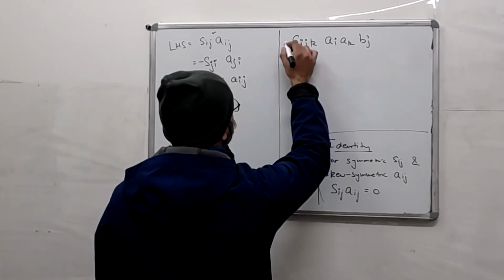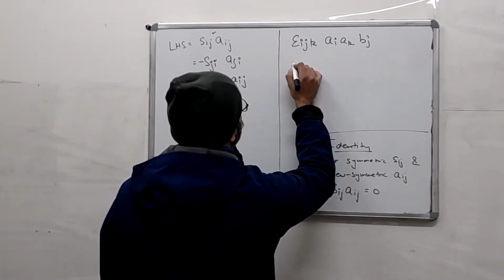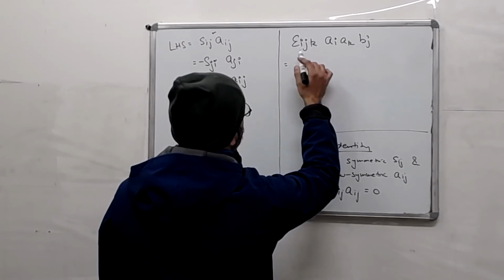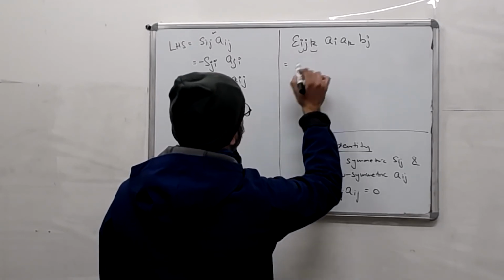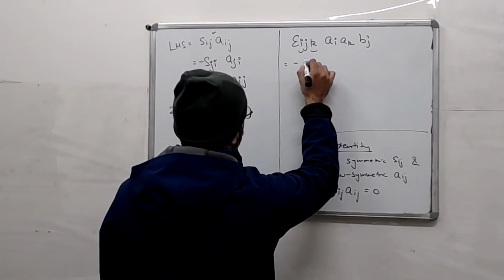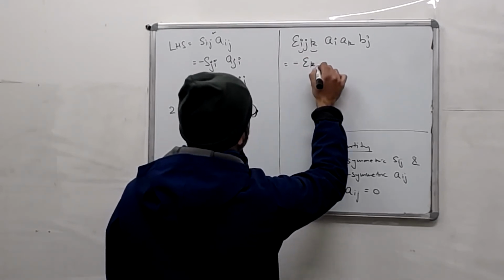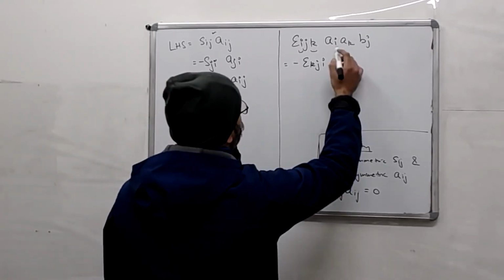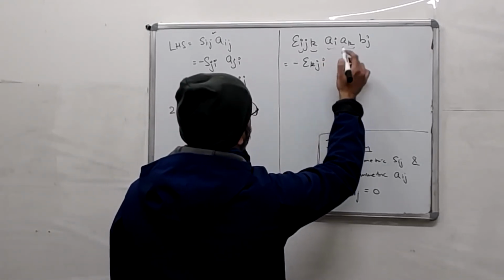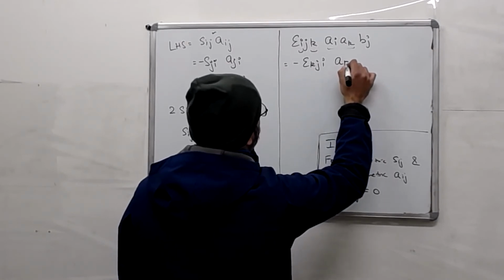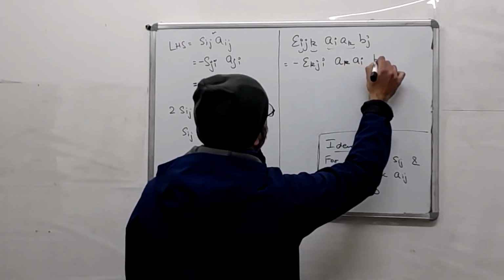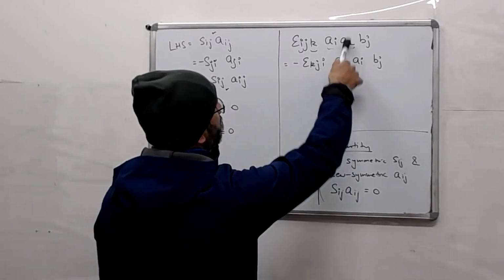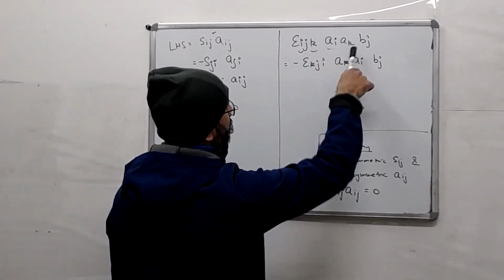We can start with this and say that epsilon_ijk is symmetric in i and k, so this we can replace by minus epsilon_kji, and a_i and a_k are symmetric in i and k, so I can write this as a_k a_i, and this is b_j. It's symmetric because I can just move around the terms. So a_i a_k is the same as a_k a_i.